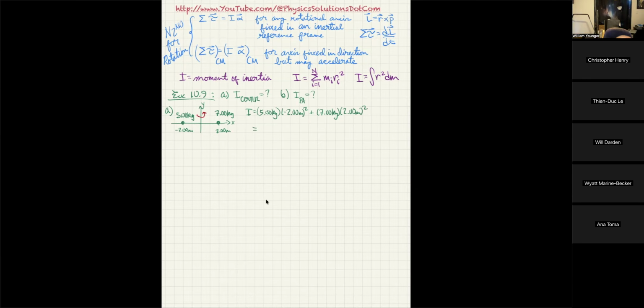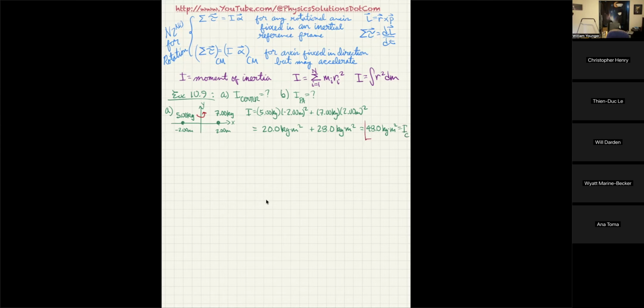And this, of course, gives you 5 times 4, which is 20. So I get 20.0 kilograms meters squared. And the other one's going to give me 7 times 4, which is 28. So that gives me 28.0 kilograms meters squared. So I is equal to 48.0 kilograms meters squared equals IC.